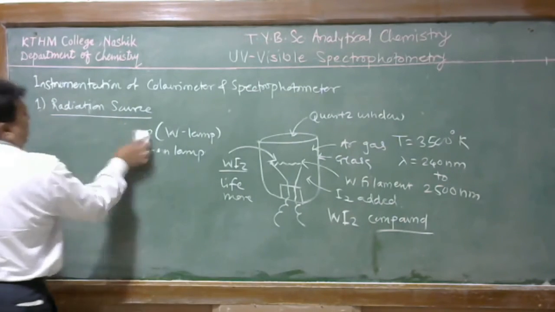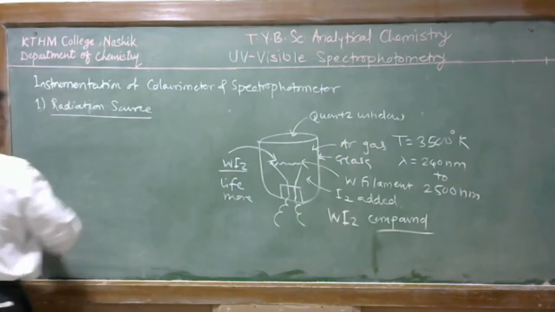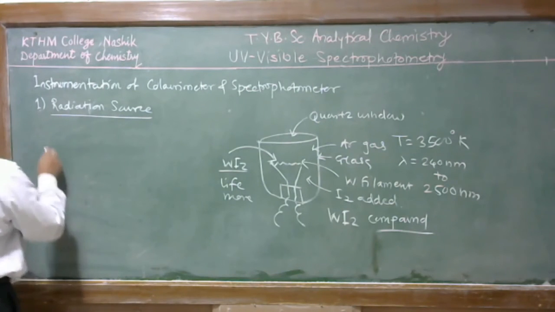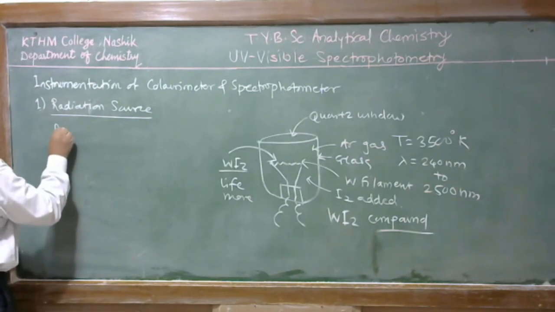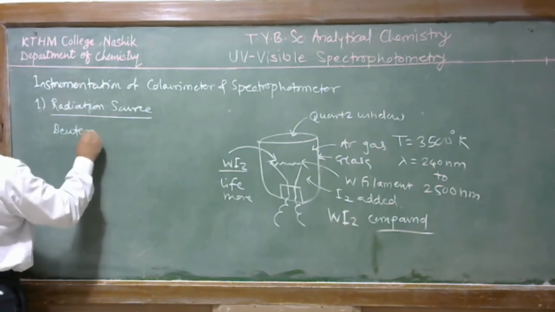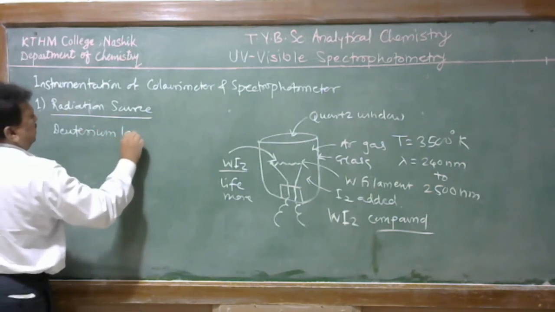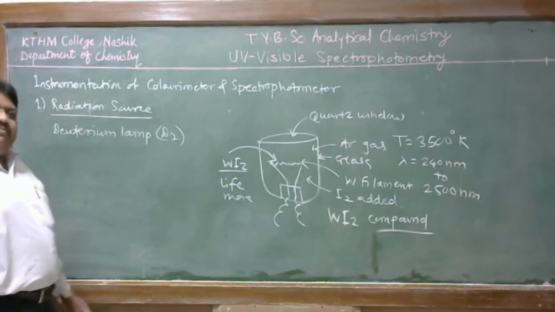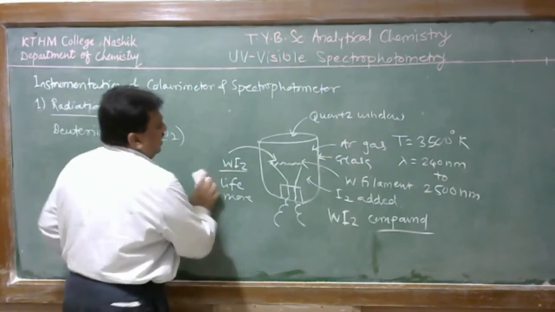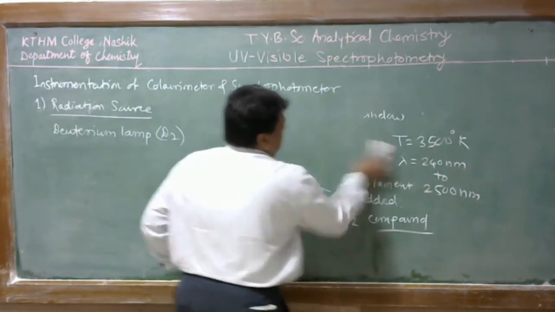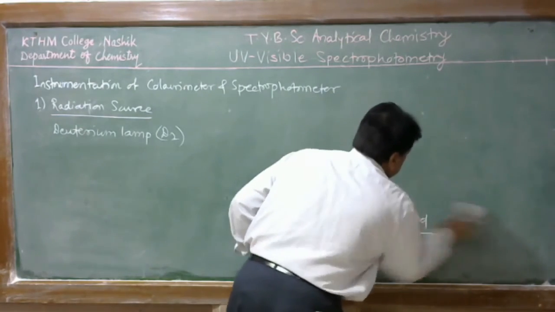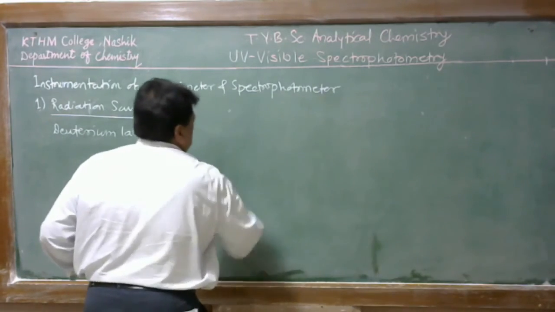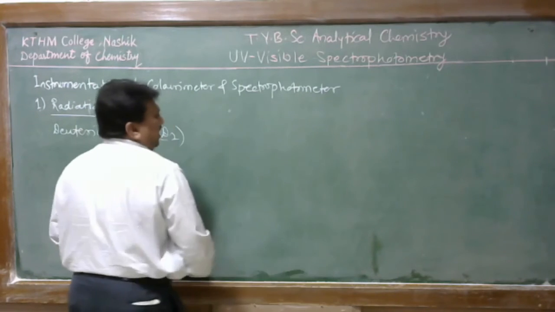Now the second radiation source used in spectrophotometry is called the deuterium lamp, or D2 lamp. Deuterium is a heavy hydrogen. The deuterium lamp is constructed similarly.